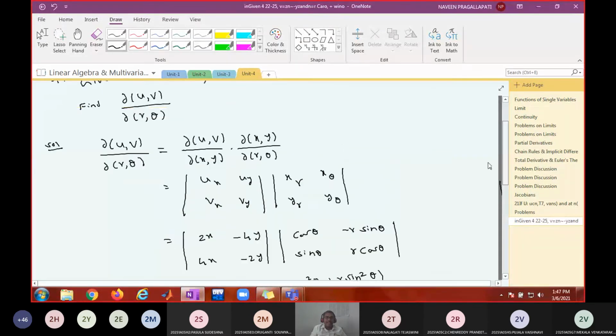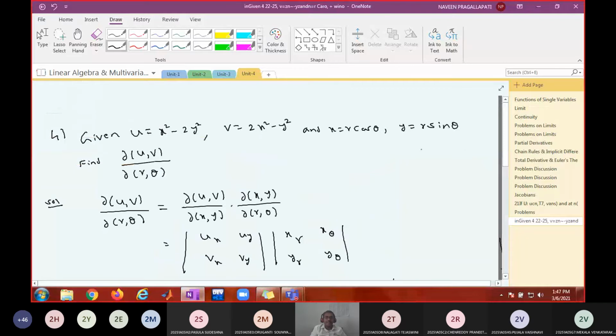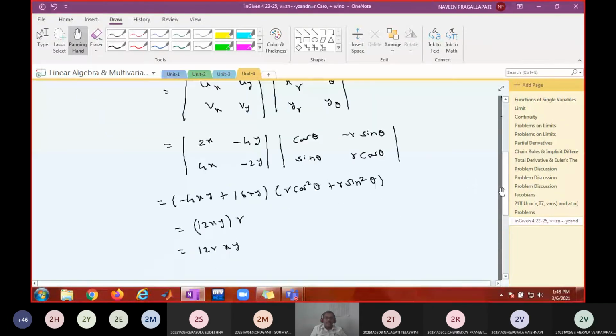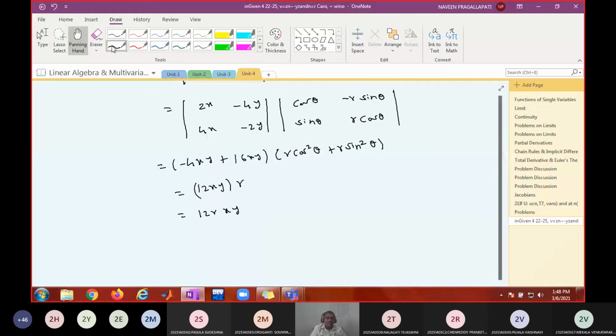Okay, can you express x and y in terms of r and theta? X equal to r cos theta, y equal to r sin theta, no? Because ideally we want to write the Jacobian in terms of r and theta only. Do you understand? Your final result must be in terms of r and theta. So you substitute x equal to r cos theta, y equal to r sin theta. So this is going to be 12r into r cos theta, r sin theta.